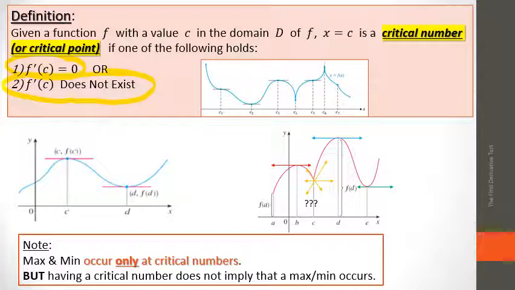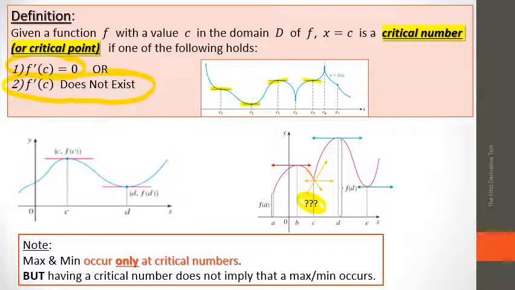And what occurs when the slope is 0? Look at this graph to the right. When the slope is 0, you have a local min, or a local max, or maybe just a change in concavity. So these points matter. Also when it does not exist. Down here, we also have a derivative that does not exist.